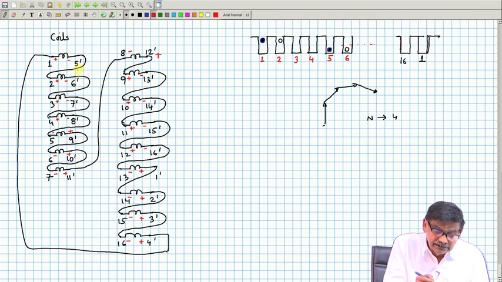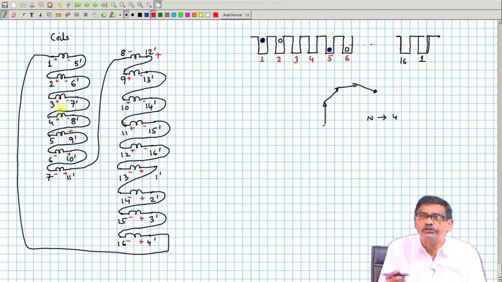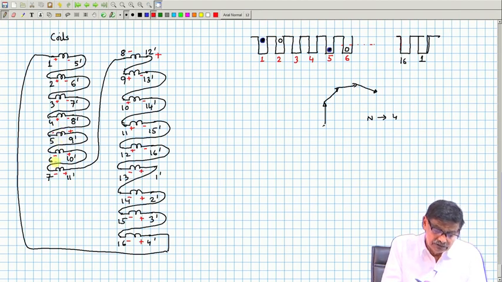Then about 5 dash, 6 dash, 7 dash, 8 dash, I am certain they have to be minus, they must be under the south pole, because the coil span is 180 degrees electrical. Then the next 4 slots will be under the influence of the south pole, the direction of rotation remains the same. So, the polarity of the induced voltage reverses, and so on.